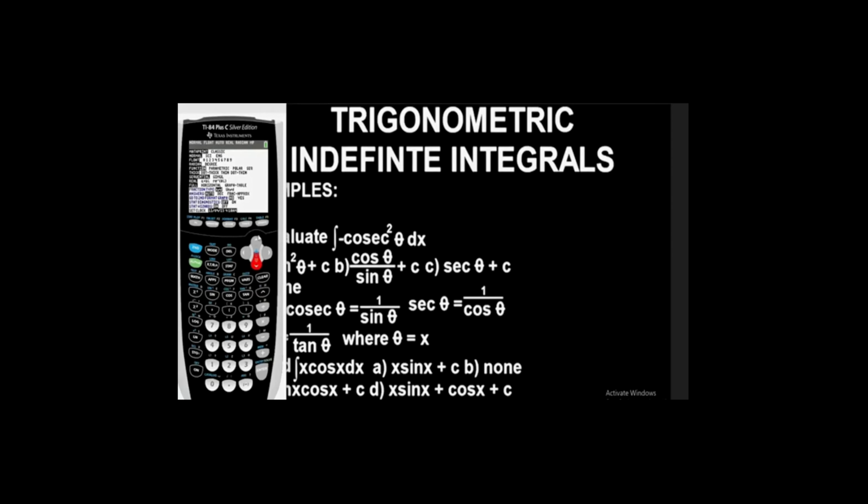If yours, for instance, is in degree, all you have to do is to switch it to radian by pressing this left arrow key. It will go to radian, then press enter. Once you do it, it will change from degree to radian. Alright, but by default this one is already in radian, so we are good to go.